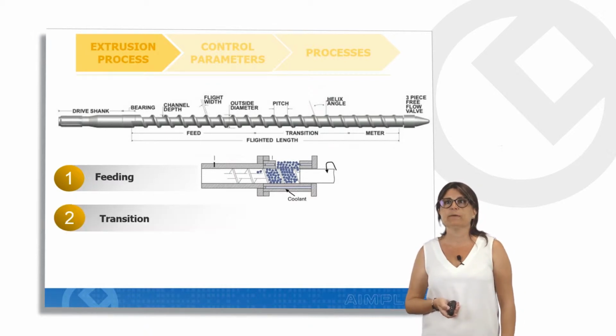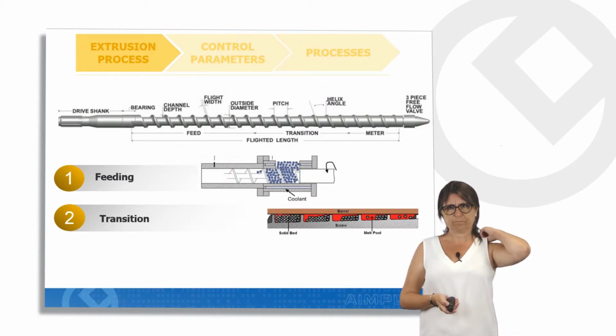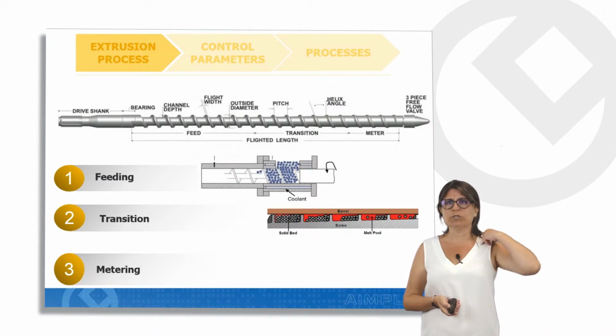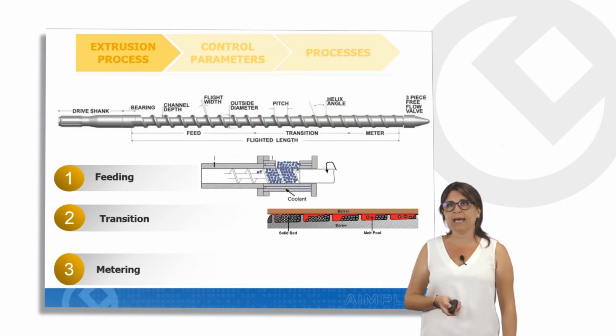The second is the transition, where the material passes from solid state to molten state, and the main function is to obtain a homogeneous product. And the last zone, the metering zone, is where the material is pumped to the die to obtain the final product.